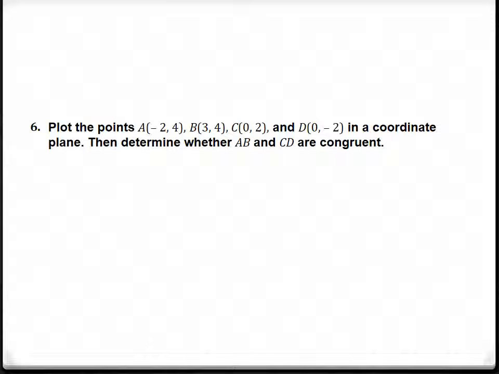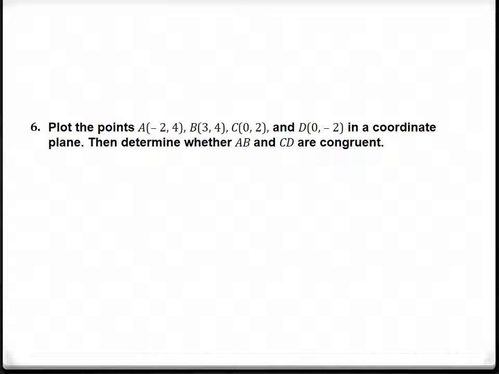If you're having trouble graphing, remember you start at the origin 0, 0, and for A you would go to the left 2 units and then up 4 units and plot the point. For B you would start at the origin 0, 0, and then move to the right 3 units and then move up 4 units, plot the point, and then connect A to B. For C, you would start at the origin 0, 0.